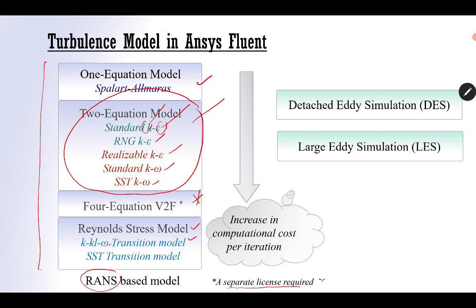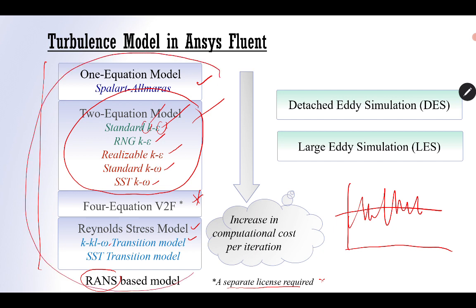We do the averaging, again I draw this one. This one, let's say, is the fluctuation of the velocity. So we do the averaging for the velocity. All these things we simplify in this model, which depends on the one equation model, two equation model, or the Reynolds stress model.